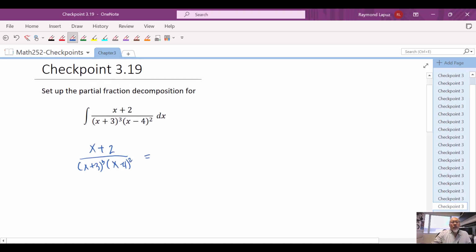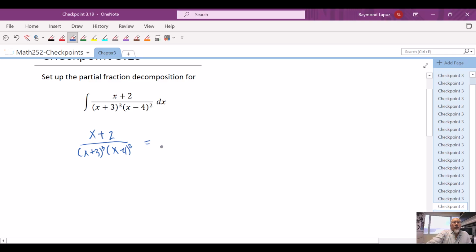So in decomposing this fraction, we want to look at the terms, or the factors, that we have in the denominator. We have a couple of linear factors that are being raised to the third and second power, so we're looking at linear factors.